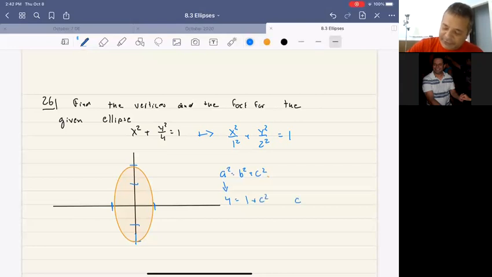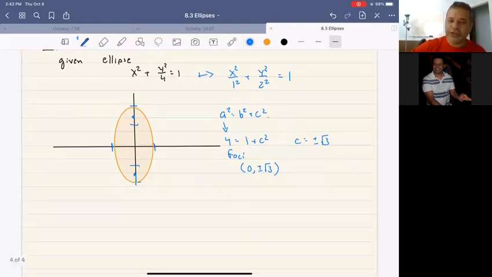So c equals plus or minus square root of 3. Now, here's the question: which axis does it go on? That's right, it's on the y-axis. So it's right about here, right about here. That means our foci are going to be at 0, plus or minus root 3.